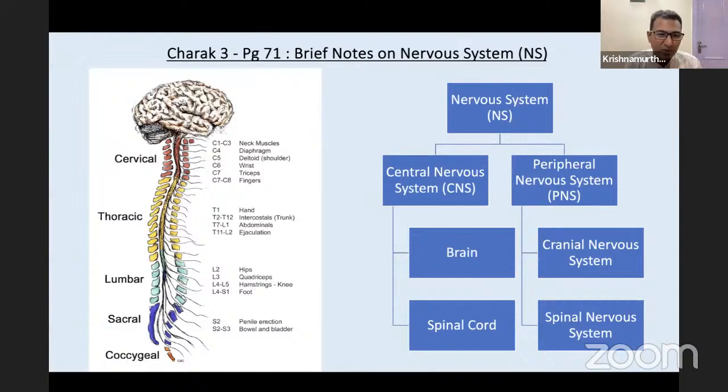I think this may have already been taught, but mainly there are 5 sections in the spine: cervical, the neck part; thoracic, the chest part; lumbar, the lower back; sacral, further down, what is called the tailbone; and the coccyx, the small tip of the spine. So these are the 5 sections.